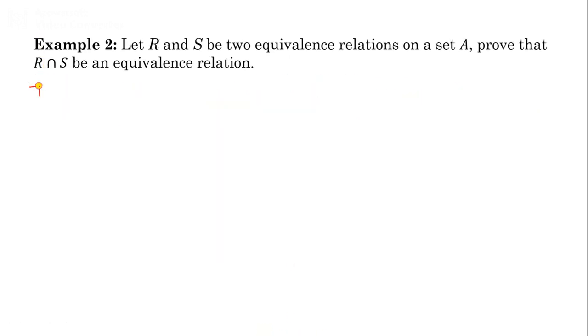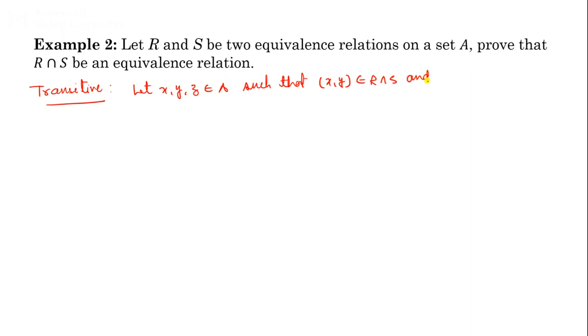Now transitive relation. So let x, y, z belong to A such that (x, y) belongs to R intersection S and (y, z) belongs to R intersection S. Now we have to show that (x, z) belongs to R intersection S. So we'll start with this assumption.